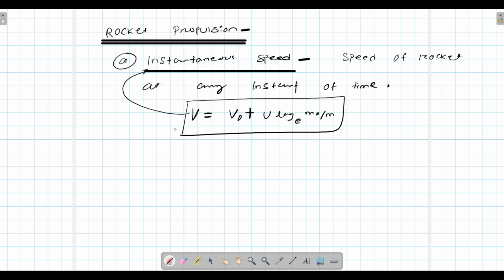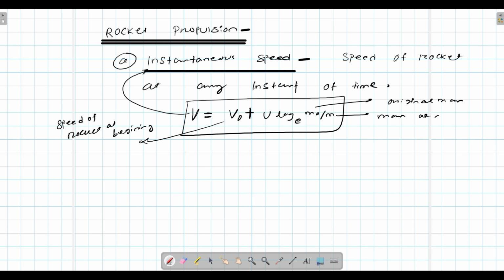V0 is the speed of rocket at beginning. M0 is original mass. M is mass at a later time. That is instantaneous speed.